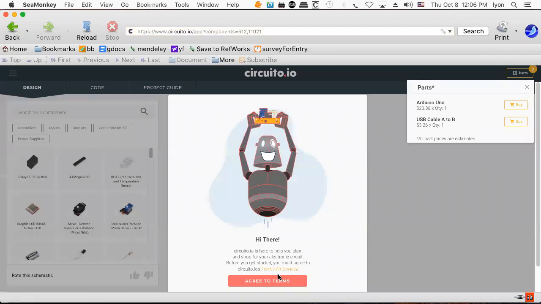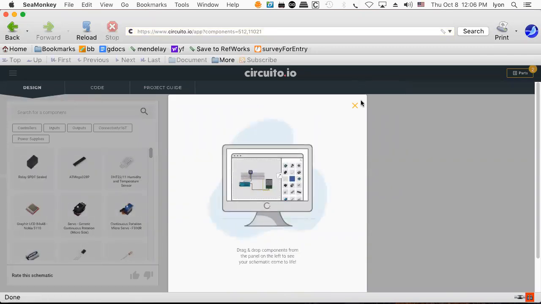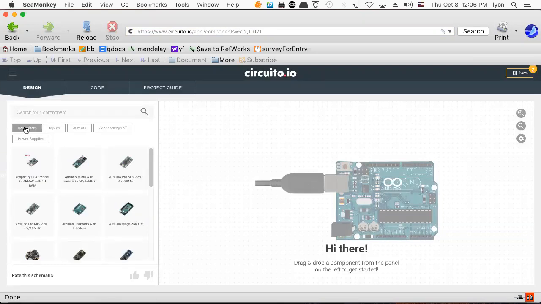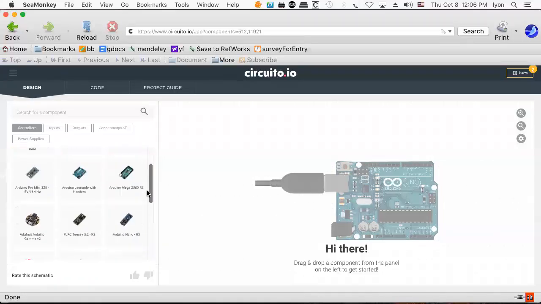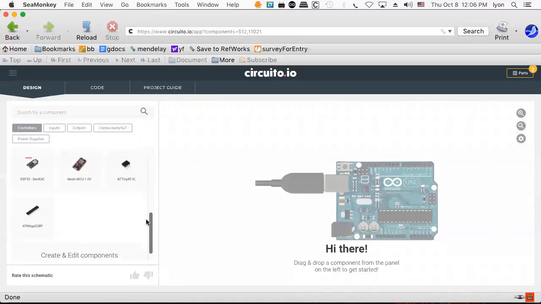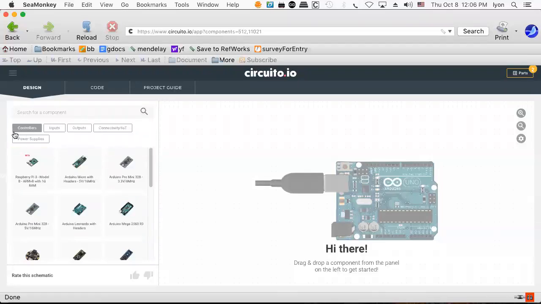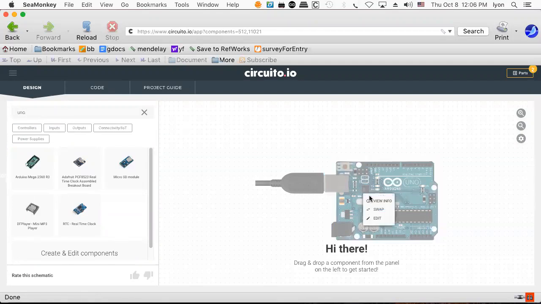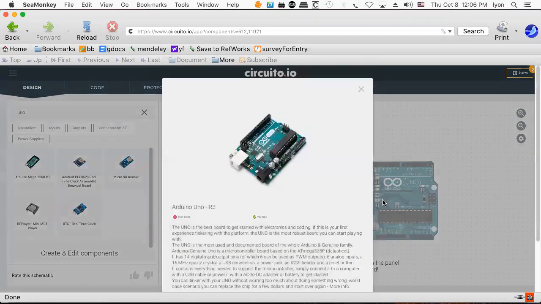I have been playing with it for quite some time, long before I was playing around with Tinkercad. So I'll give you a quick demo on this one because it has all these different interesting Arduinos in it, and it has a lot of appeal to me. If you put in controllers and say something like Uno, it should come up.